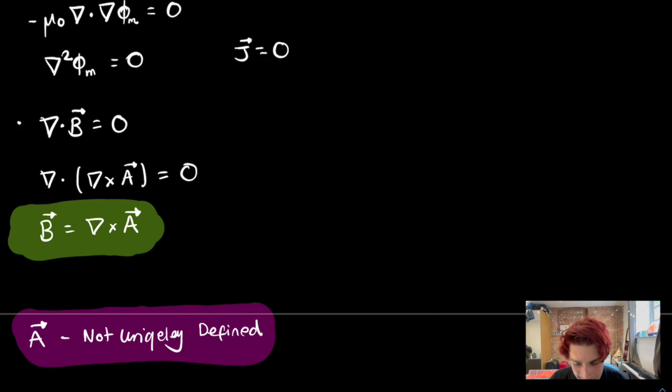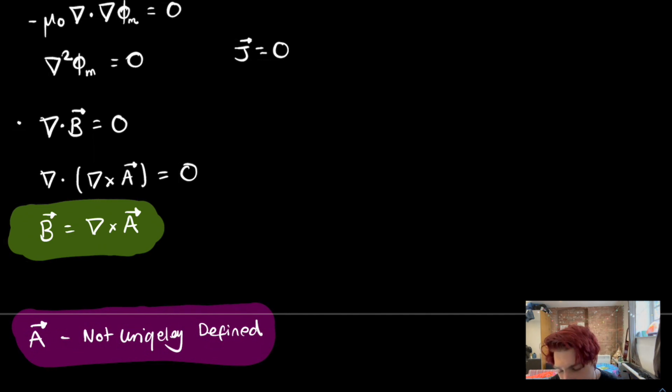You can have an infinite number of mathematical functions A that lead to the same result for B. As long as when you take the curl of this A you get the correct value for the magnetic field, which of course is uniquely defined, then you can choose whatever equation for A, because there are a lot of different ways you can get the same end result when you take the curl of a function.